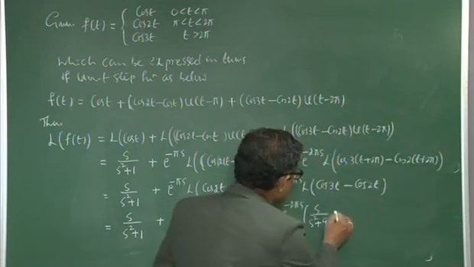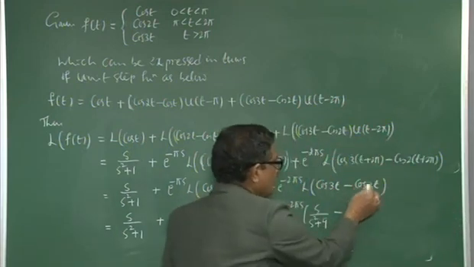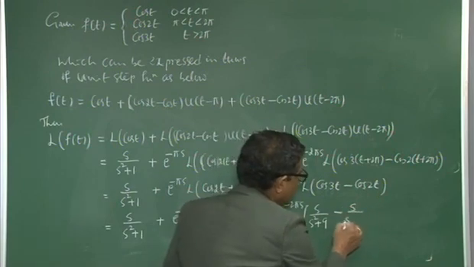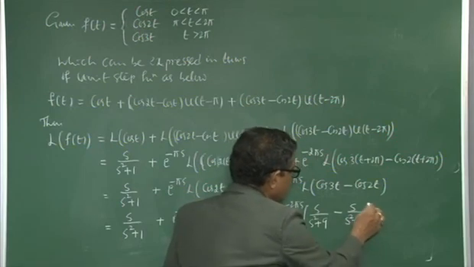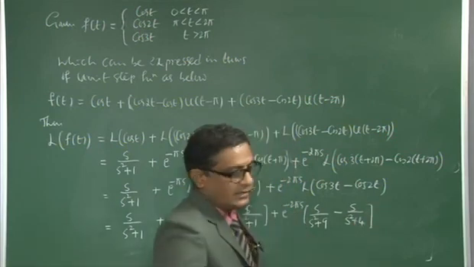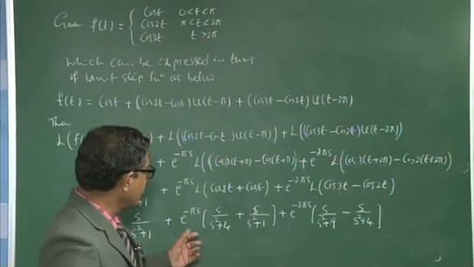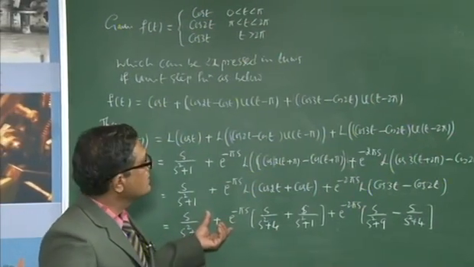What about the last one? Minus L of cos at, s divided by s square plus a square, that is 2 square, that is 4. Yes, this is your required Laplace transform.